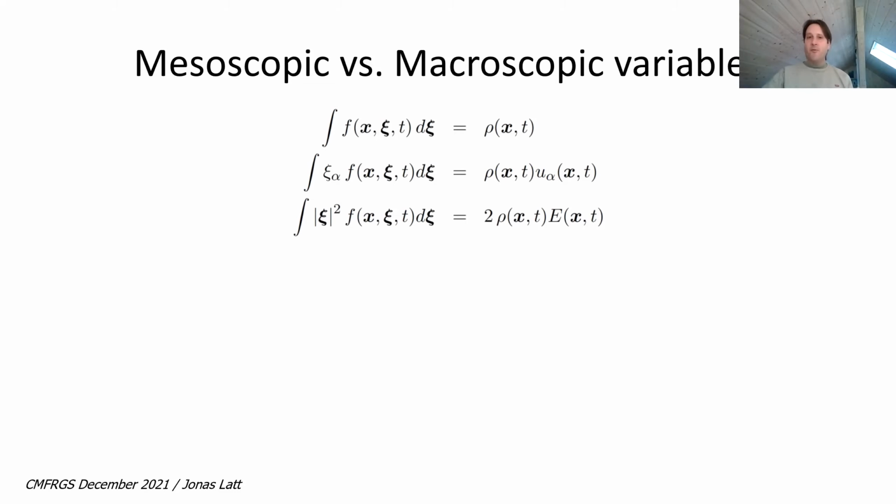The integral of the distribution function over velocity space, that's the first line, gives you the density, and the integral of the distribution function weighted by the molecular velocities gives you the momentum, which is the density times the velocity. And if you weight your integral with the square of the molecular velocities, you get the energy.